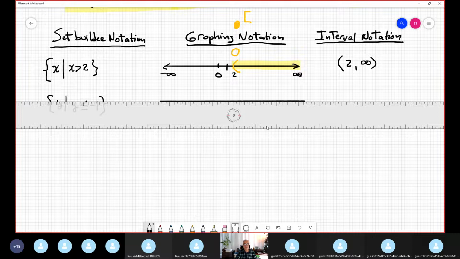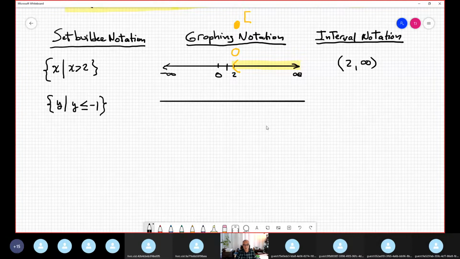Infinity positive, infinity negative, 0 here. And this is -1. Less than is this bunch of values, this interval. And of course, including -1, that's me.